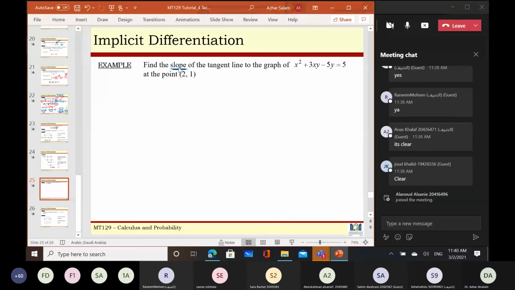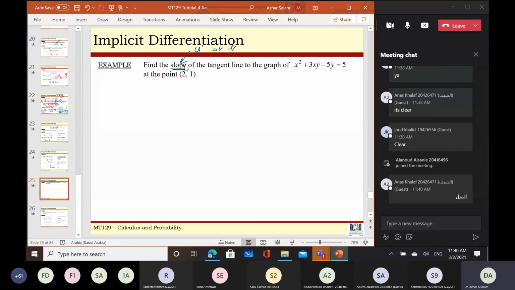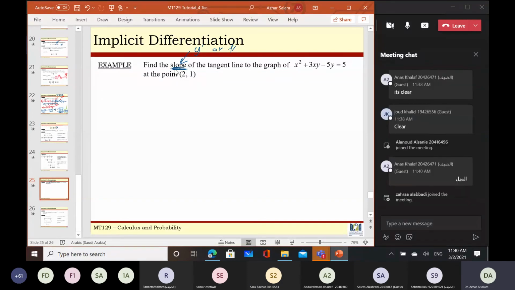Immediately, the question is to find the derivative, y dash or f dash, dy by dx. Find the slope, meaning finding the derivative, the slope of the tangent line. The derivative means finding the slope of the tangent.